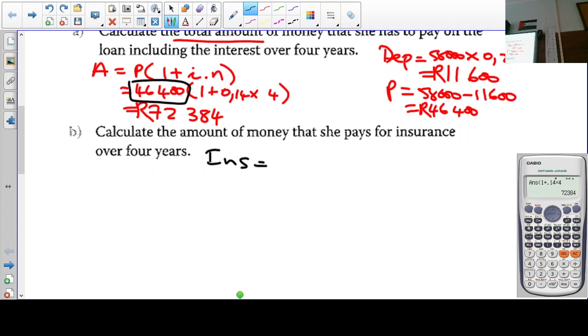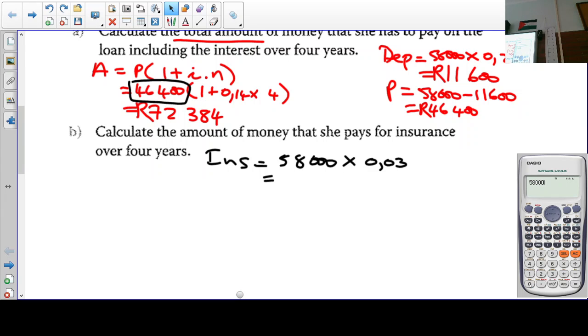What is the cash price? 58,000 times 3%, 0.03. It's 58,000 times 0.03 or 3 over 100. So insurance comes to 1,748 per month.